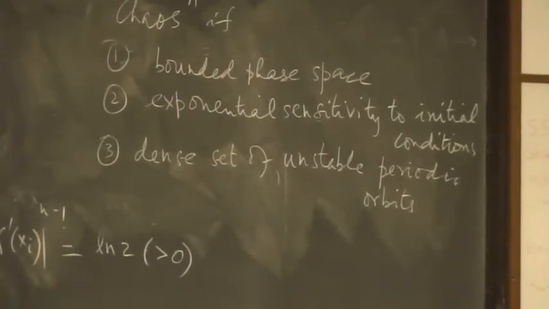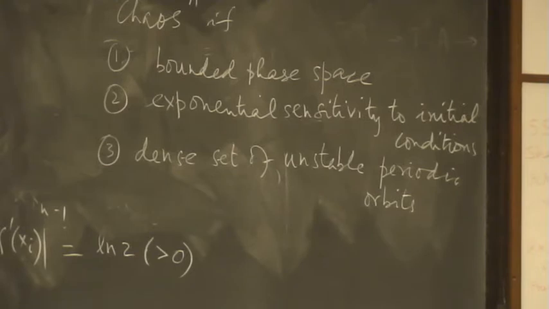You seem to need this, because that's the mechanism by which the separation happens. And we have that satisfied in our case, because all rational numbers fall on unstable periodic orbits. They form a dense set in the unit interval.